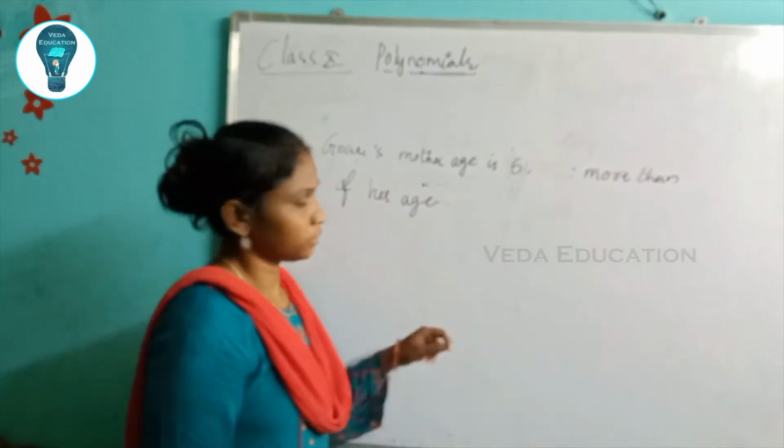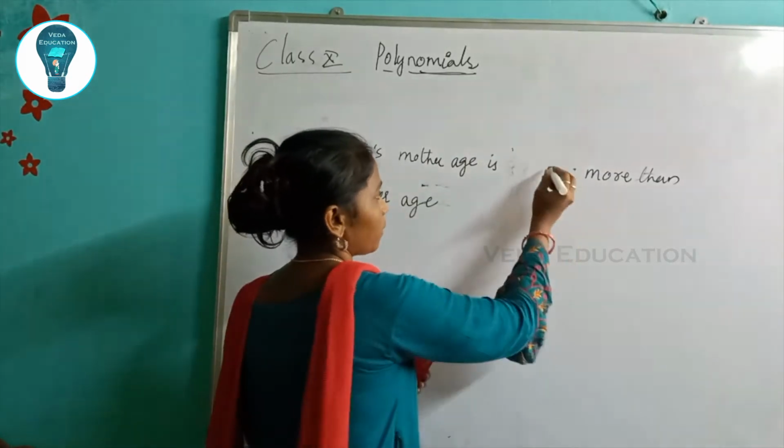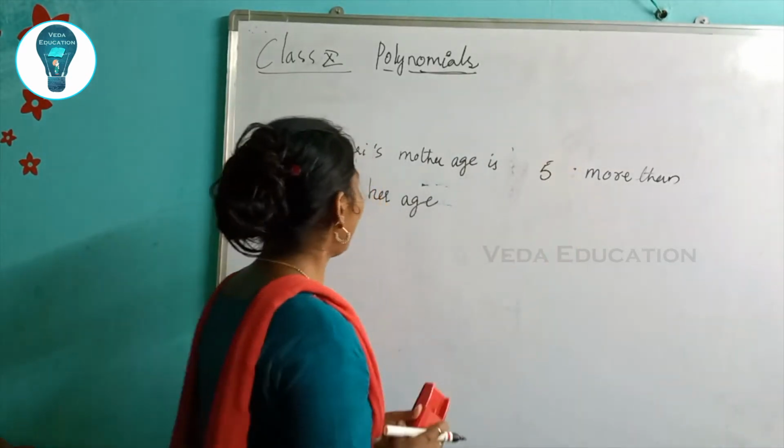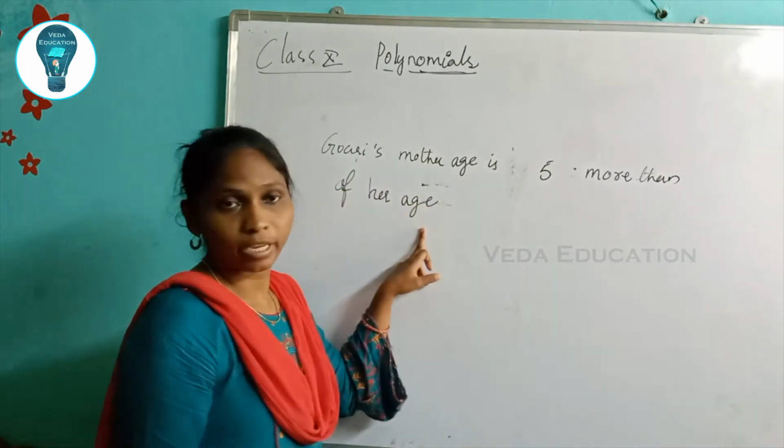Look at here. Gauri's mother's age is 5 more than her age.